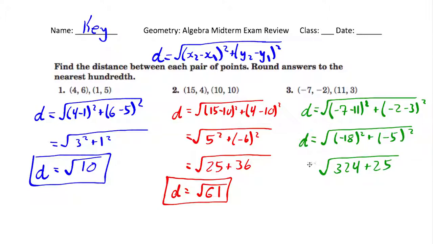We're going to add on to that 25. And so that's going to be 349. So square root of 349. Let's see, 349. I believe that's divisible by some numbers. Well, I'm not going to take the time right now to go through all that. If 349 were reducible, you could reduce it, but we're just going to leave it like that for now.